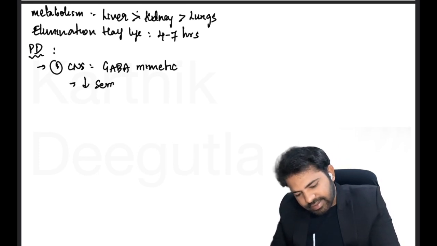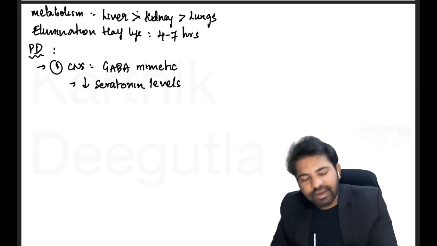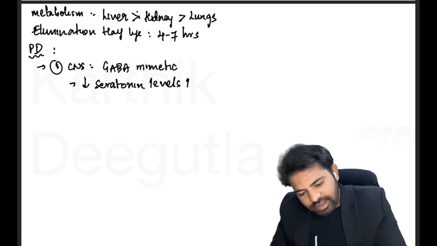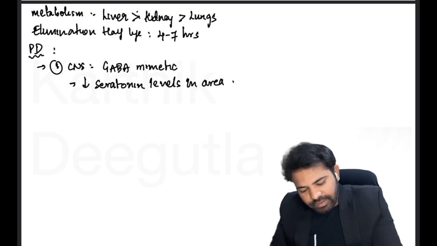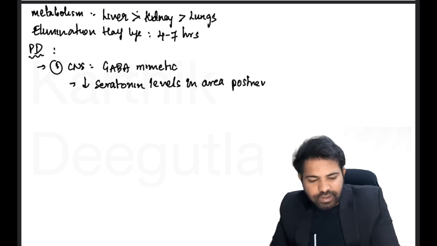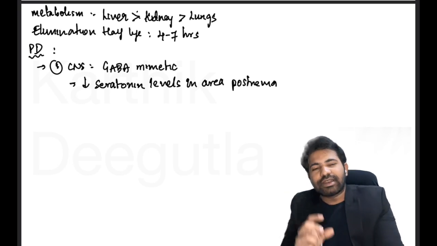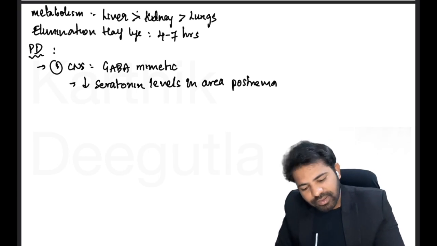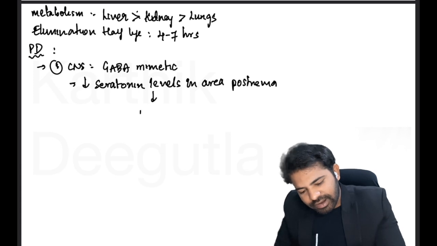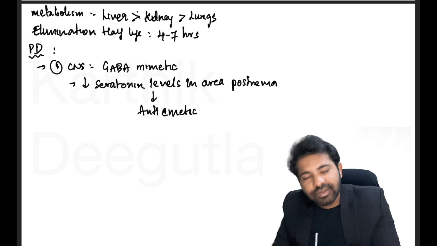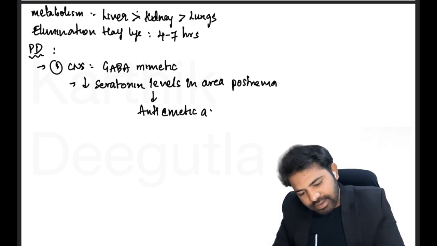Next, it decreases the serotonin levels in area postrema. We already know that area postrema is linked to the vomiting center. So decreased serotonin level will lead to anti-emetic action. So propofol also has an anti-emetic action.